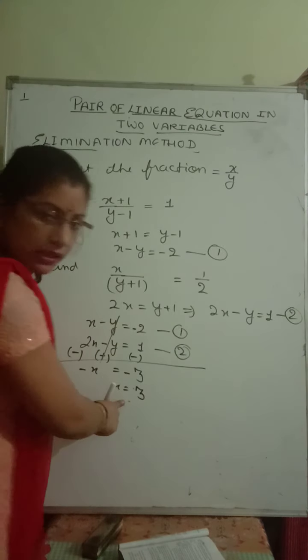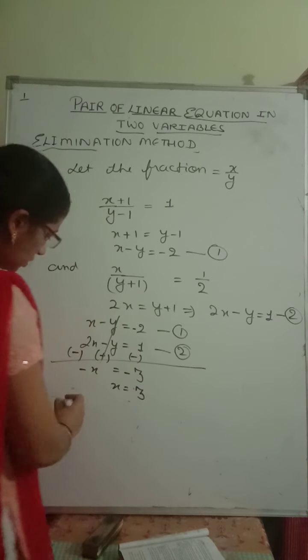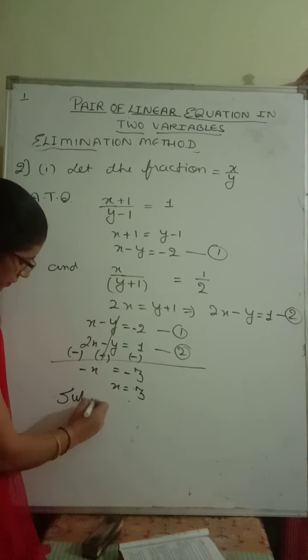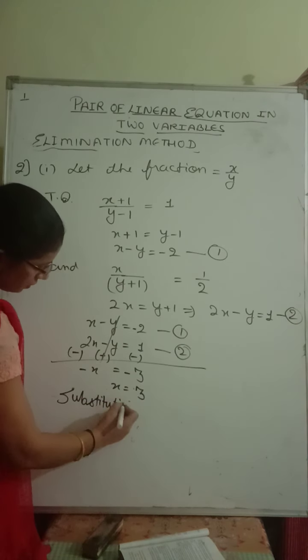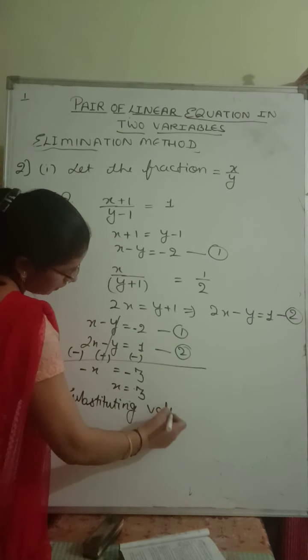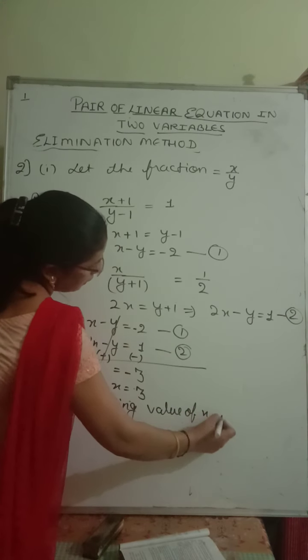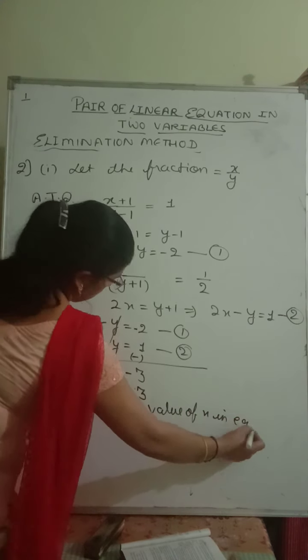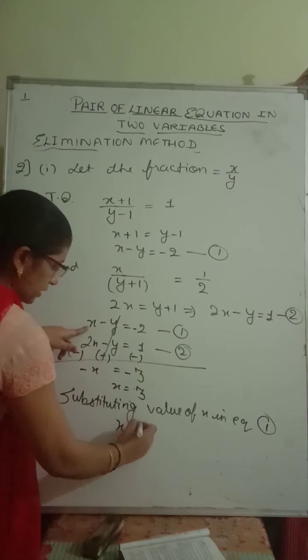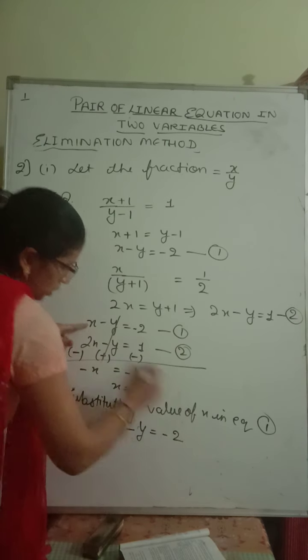Now substituting the value of x in any one of the equations. देखो कोई easy equation ले लो, first ही ले लो, equation 1. Okay, so x minus y equals minus 2.